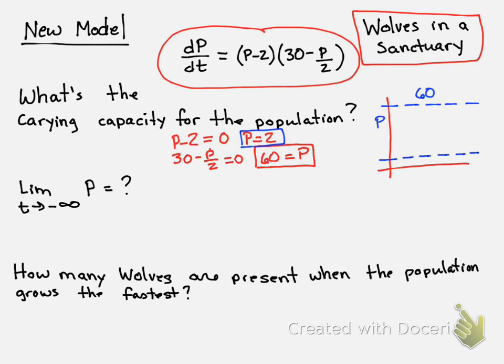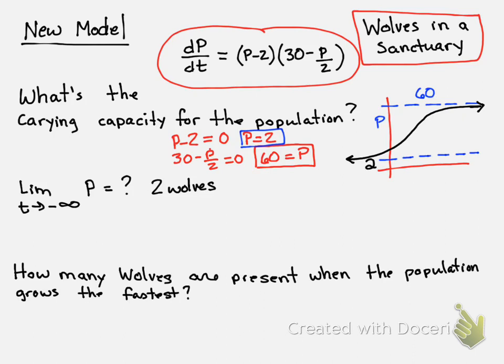That means our graph will look something like this. And that means the limit as t approaches negative infinity, well, that would be our lower horizontal asymptote of 2 wolves. No matter what happened, we would make sure that there was never a smaller population than that.